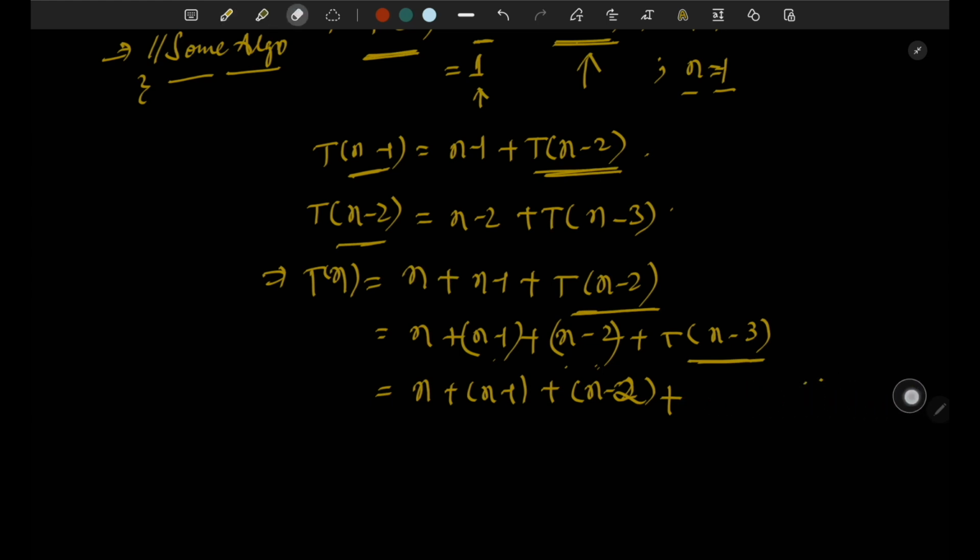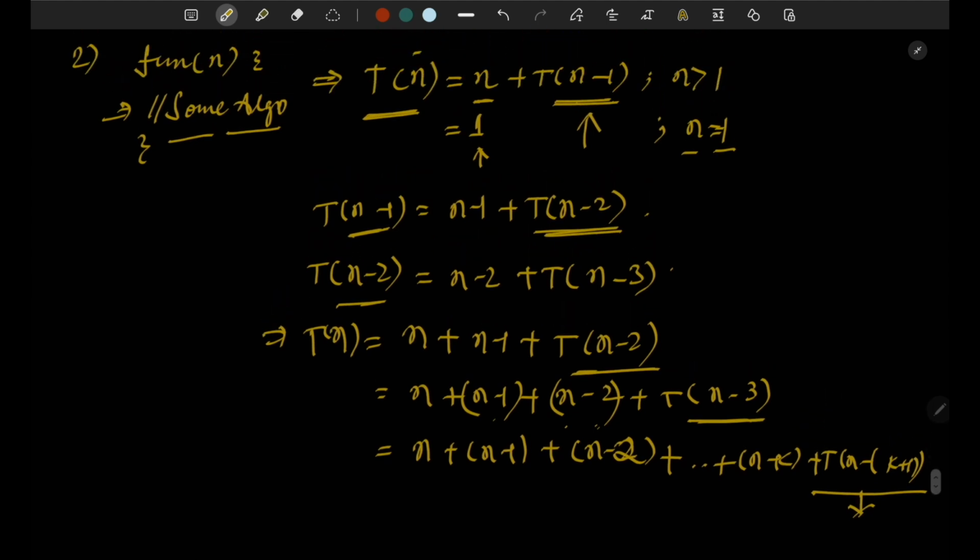And when does this stop? Eventually our goal is to get rid of this thing completely. We don't want to keep on calling this again and again, and in order to ensure that it stops, we need to hit the base case.